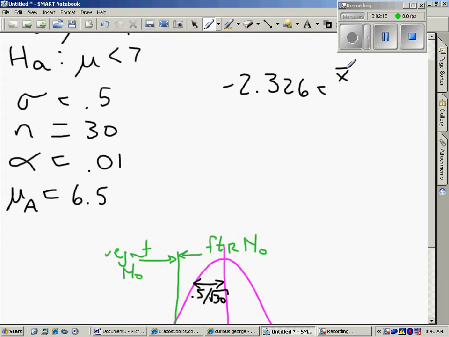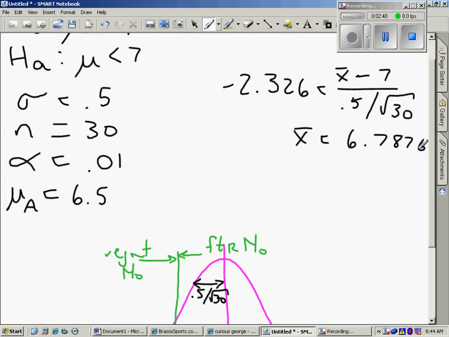Negative 2.326 equals x bar minus mu over sigma divided by the square root of n. Work that out, solve it for x bar. I know the number needs to be less than 7. In fact, it's 6.788 or 6.7876, I think.